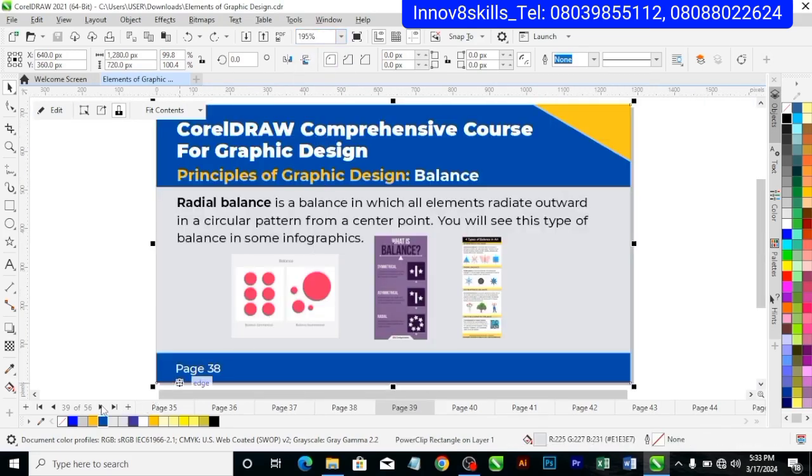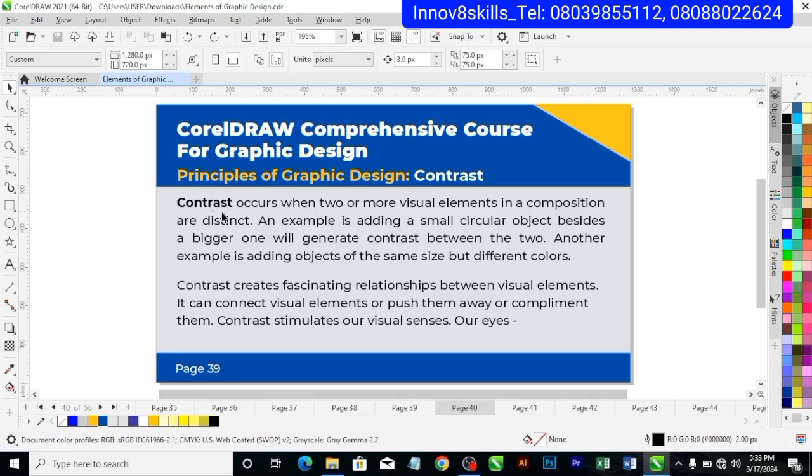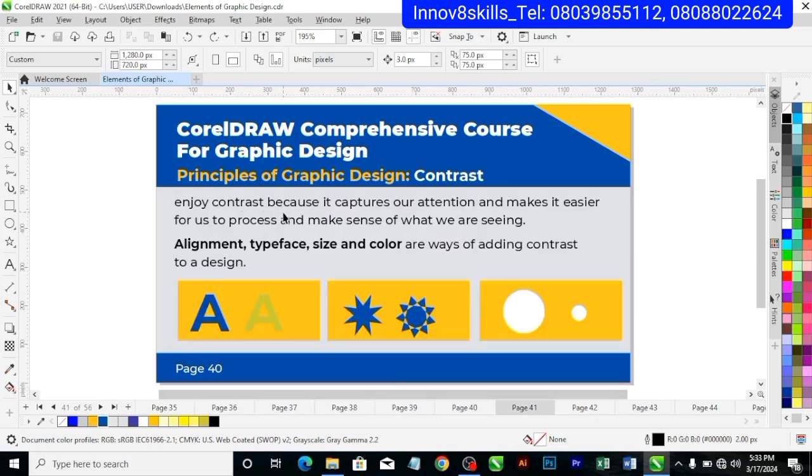So the next thing I will be talking about here is contrast. It occurs when two or more visual elements in the composition are distinct like this, to differentiate them and stimulate visual senses, because our eyes enjoy contrast. It captures our attention and makes it easier for us to make sense of whatever we are seeing.